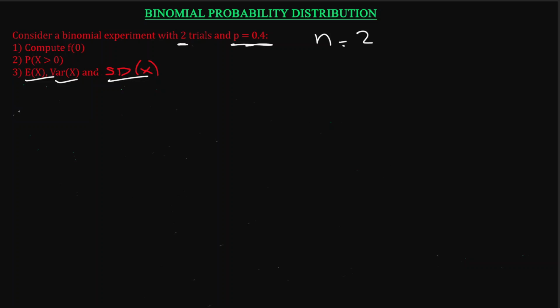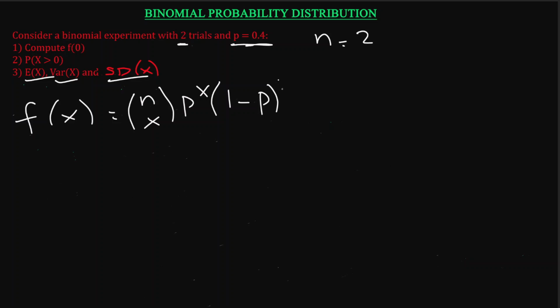The binomial probability mass function, or what we call the formula for calculating binomial probabilities, gives us f of x is equal to n choose x, multiplied by p to the power x, times 1 minus p to the power n minus x.